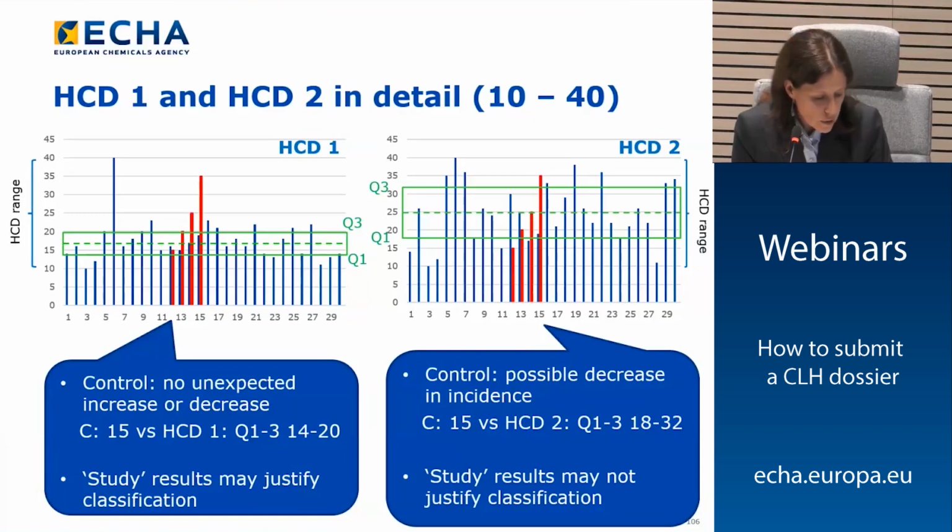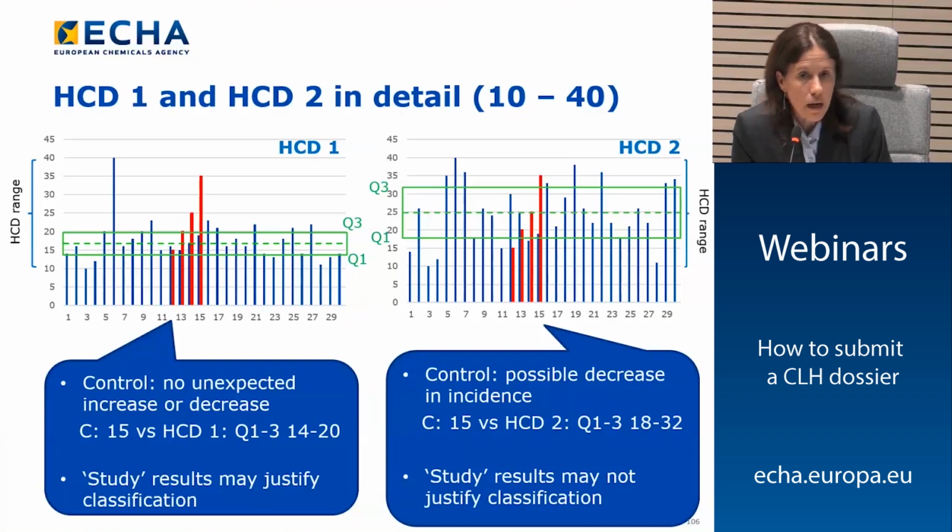If we look instead at the historical control data 2, what can we say? For the control, it's possible that there was a decrease in incidence in the control because this incidence was 15 and the quartile 1 to 3 is 18 to 32. So 15 is below 18, possible decrease in there. And the mid dose and the high dose are slightly above the quartile 3, but there's this wide variability of the historical control data.